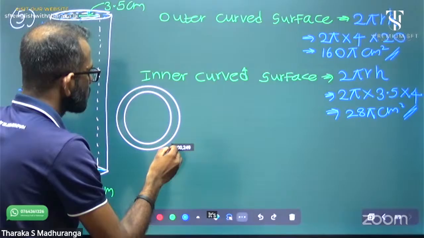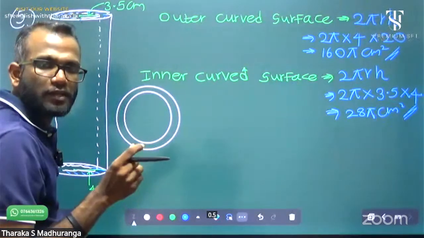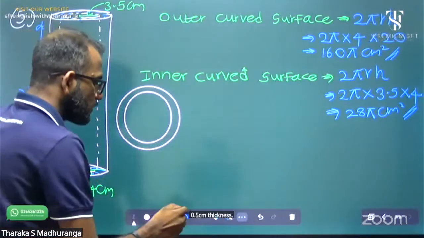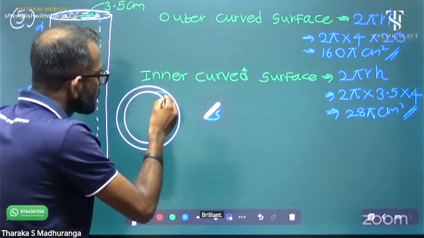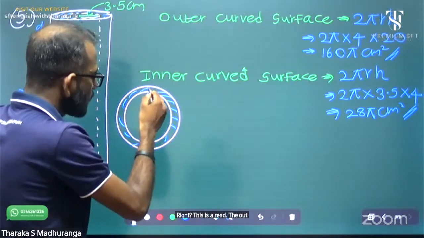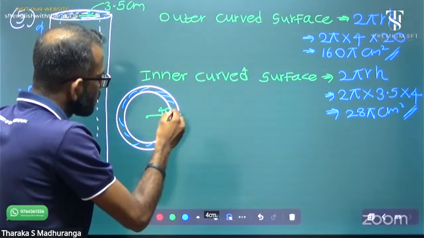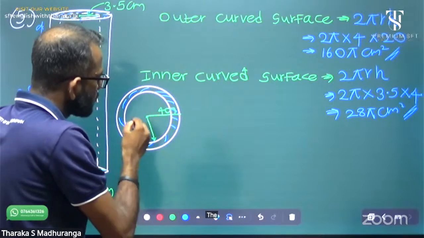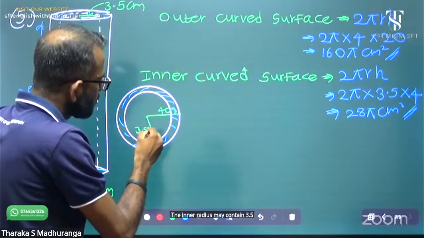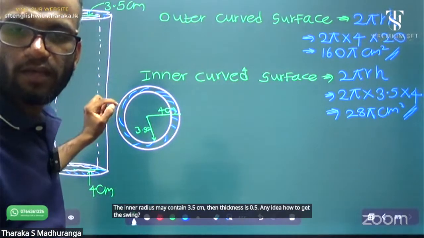It's a 0.5 centimeter thickness ring, this shape. Right? This is a ring. The outer radius is 4 centimeter. The inner radius, up to here, is 3.5 centimeter. Then thickness is 0.5. Any idea how to get this ring area?